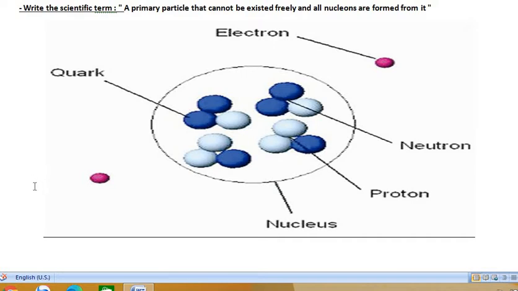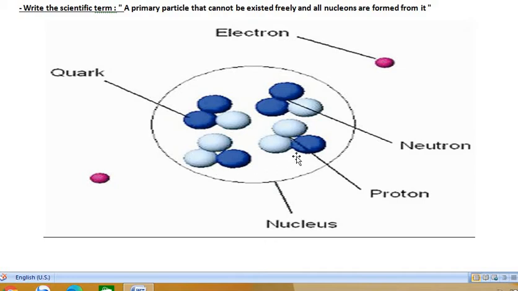The most important types of quarks in our syllabus are the up quark and the down quark. The charge of the up quark is +2/3, while the charge of the down quark is -1/3.